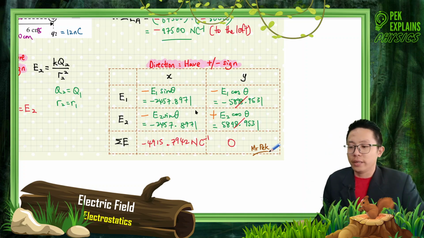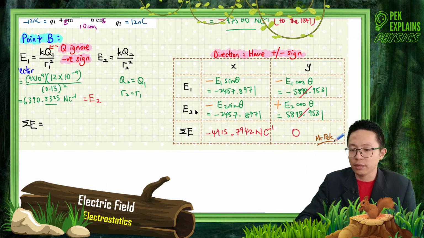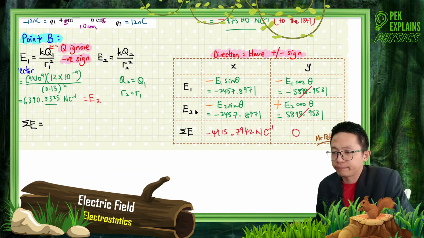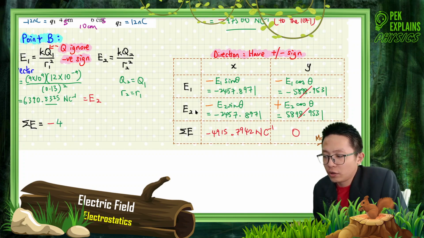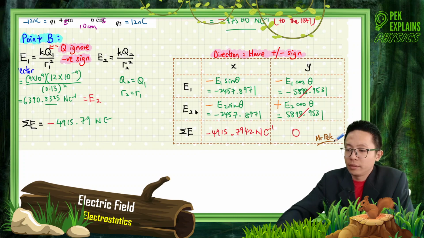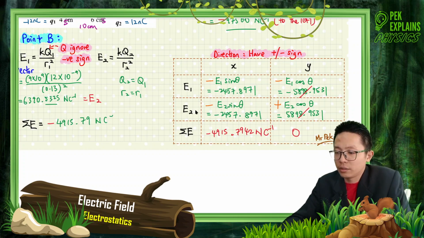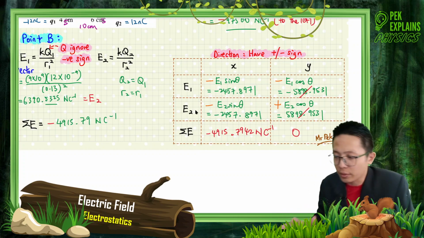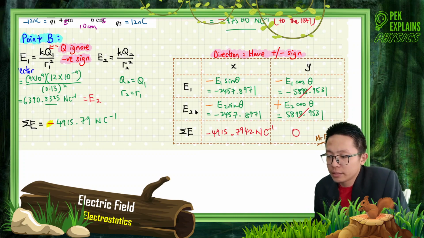So what is the meaning of this resultant? The resultant electric field is negative 4915.79 Newton per coulomb. The negative sign means the electric field is to the left. The direction is to the left.